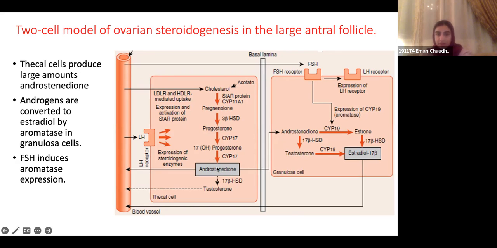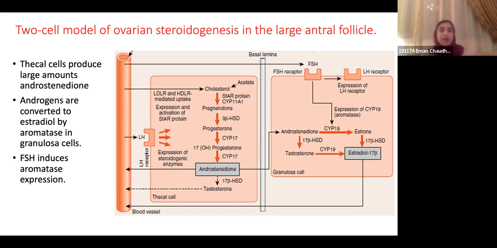And androstenedione, this is important because this is an androgen. It can go and then now it can be used in your body however it needs to be used for secondary sexual characteristics. And it goes to the granulosa cells to be converted into estrone, okay? So this is important because now, after folliculogenesis is complete, after your dominant follicle ruptures and everything, when you have the oocyte gone, your corpus luteum starts to form.